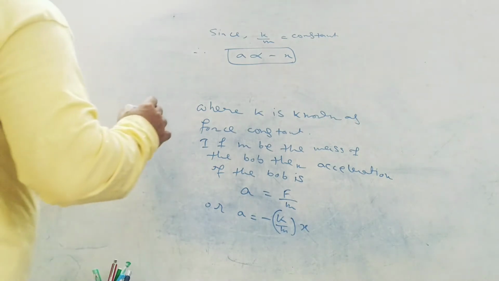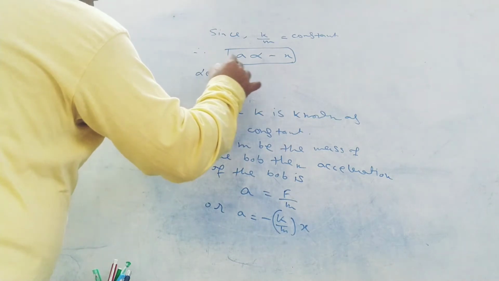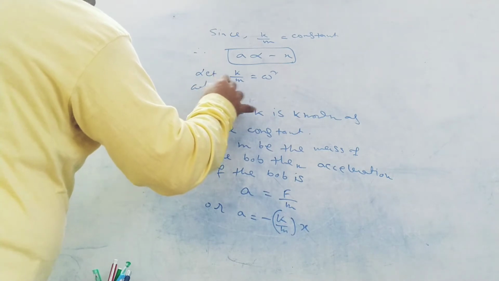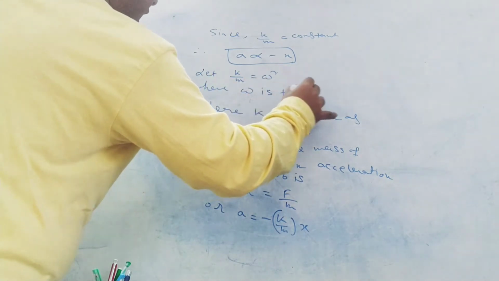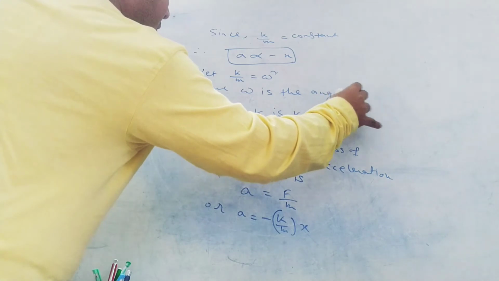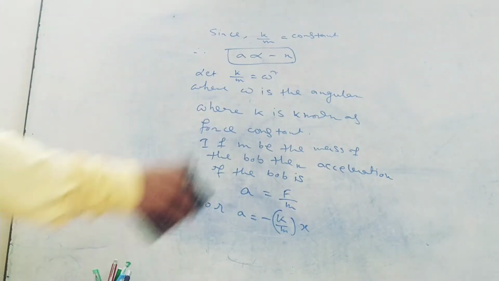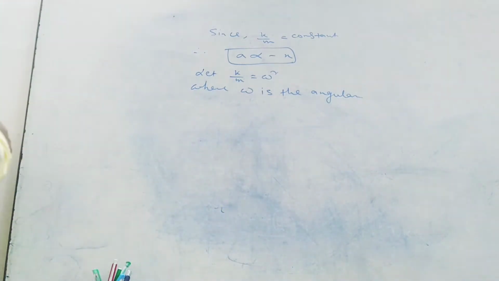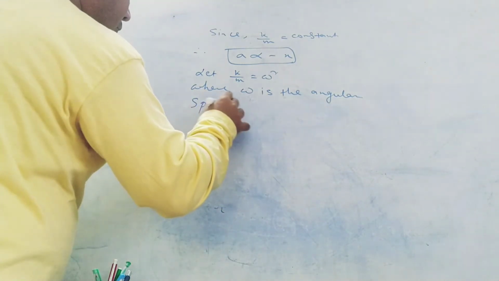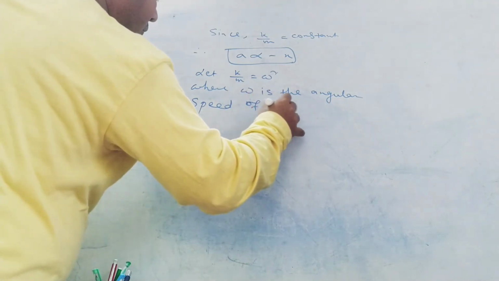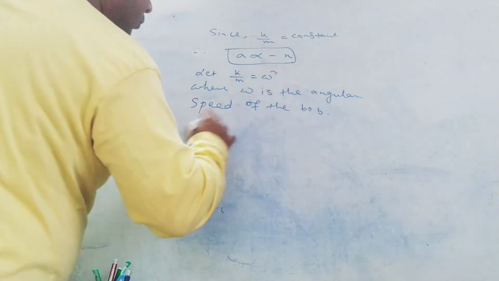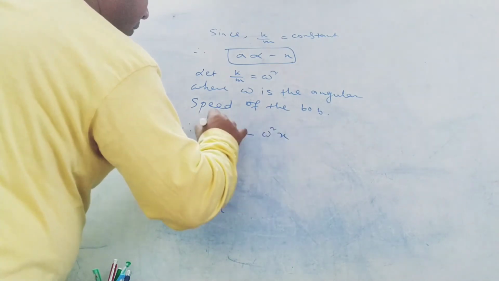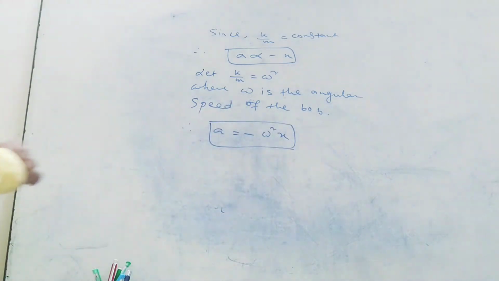Let k by m be equal to omega square, where omega is the angular speed of the bob. Therefore we can write a is equal to minus omega square x.